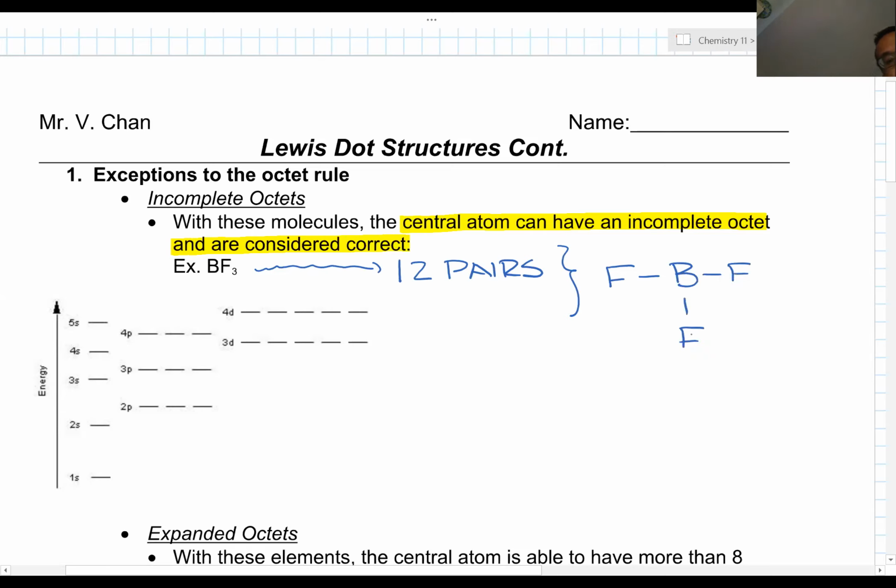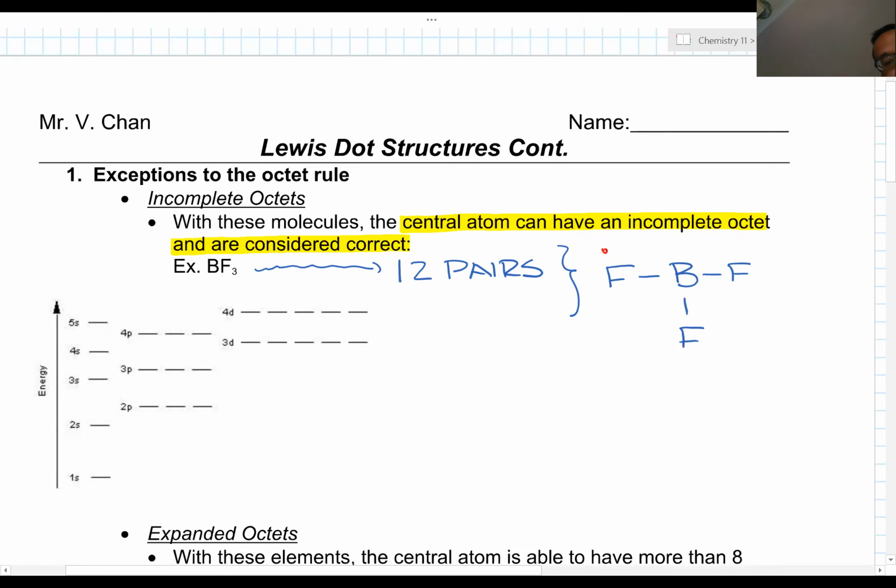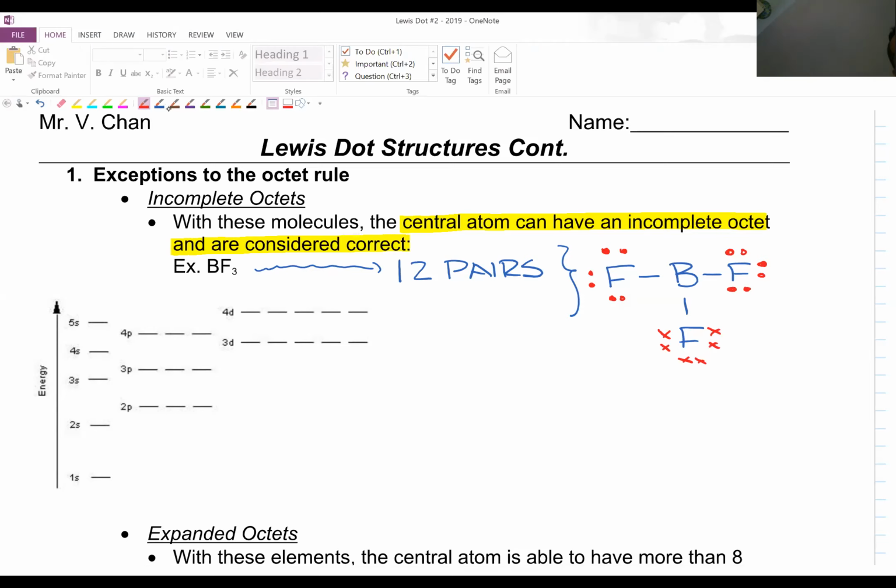Okay? And if you were to draw the lone pairs, it would look something like this. Okay? Now, I use circles. Some of you might use X's. I'll use both. Doesn't matter. Now, this would be considered correct.